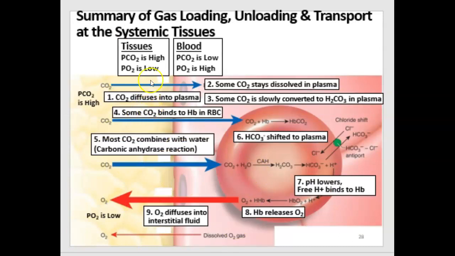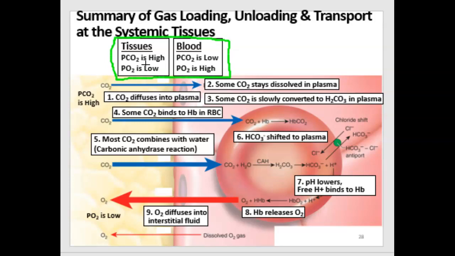So what we're going to do is cover what happens to oxygen and carbon dioxide as they move between the interstitial fluid of the systemic tissues and the bloodstream. And I think besides knowing you're at the systemic tissues, the first thing that you need to do is think about what the concentration of carbon dioxide and oxygen is in the tissues as well as in the blood.